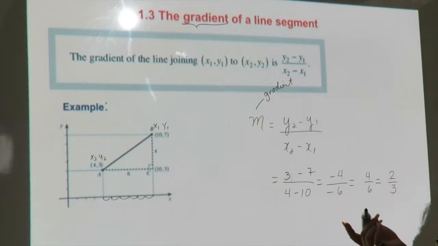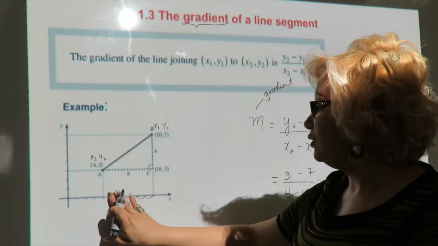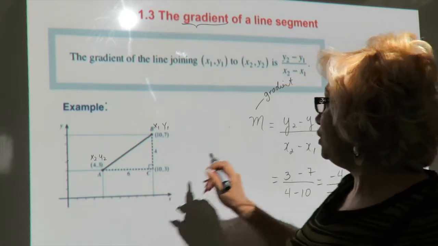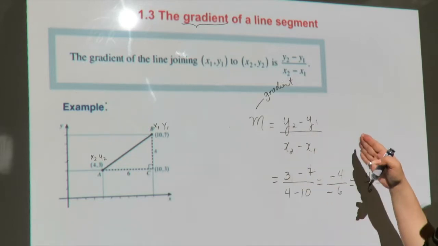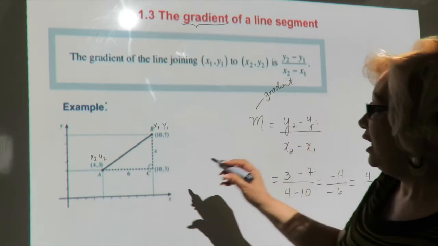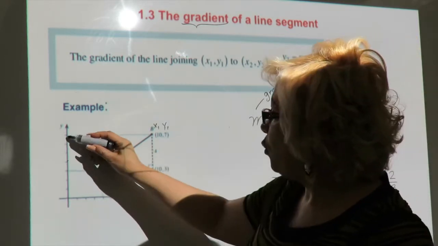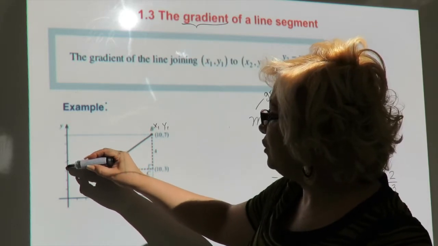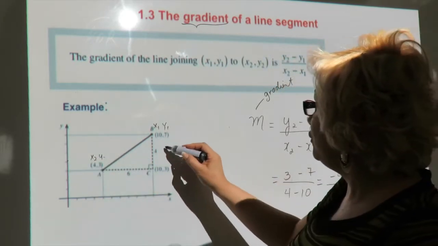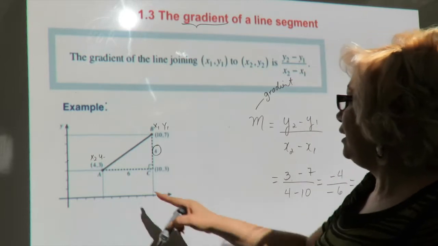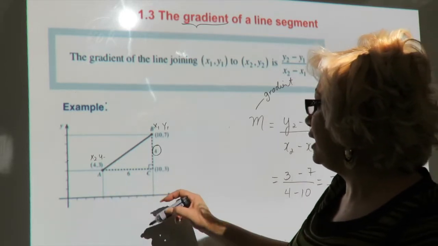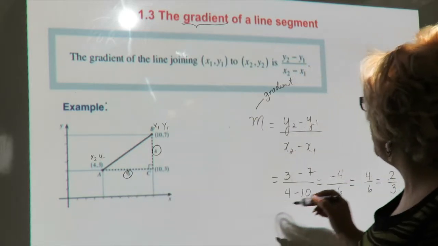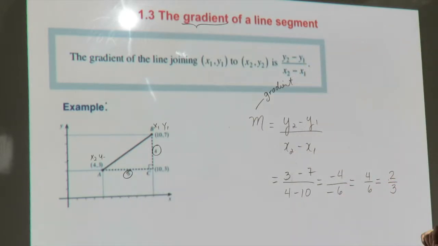What I was telling you before is that when we're talking about steepness, it's the rise divided by the run of the line. We count 1, 2, 3, 4. Over here is 4, and over here will be 1, 2, 3, 4, 5, 6, which is 6. So that will be 4 divided by 6.